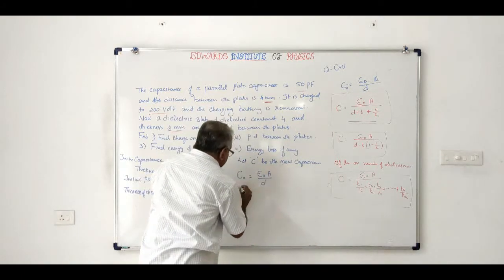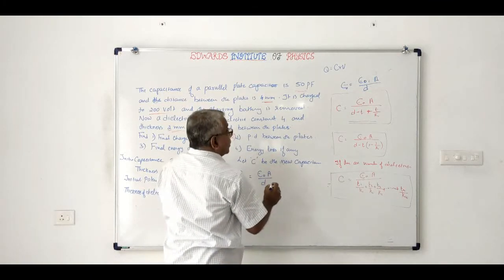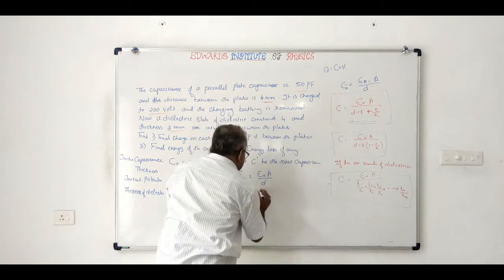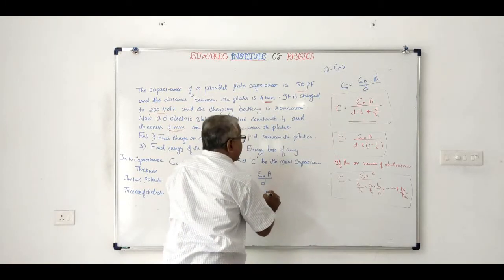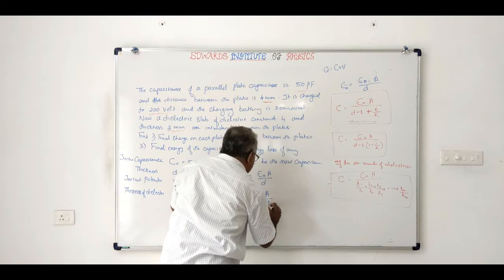So, what will be the new capacitance? C will be equal to epsilon 0 A by D minus T plus T by K.